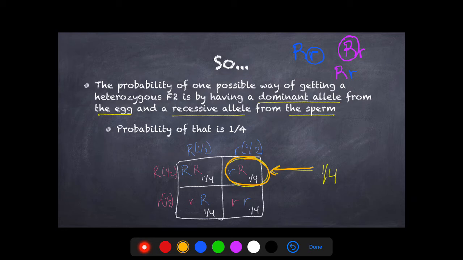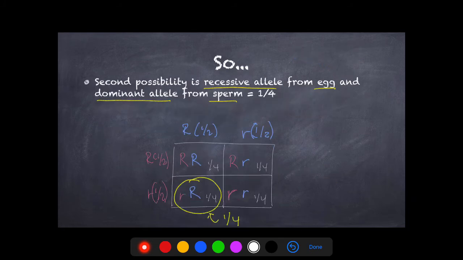And so I know you might think, oh, but Mrs. Fry, there's another 1/4 that has a little r and big R. But remember, this is being specific to where each R is coming from. The other one right here, the one that I'm circling in white, it has little r from the egg and big R from the sperm, but that's not what we're looking for. We're looking for the dominant allele from the egg and recessive allele from the sperm for this possibility. So according to this possibility, this is going to give us a 1/4 probability that this is going to be the outcome.